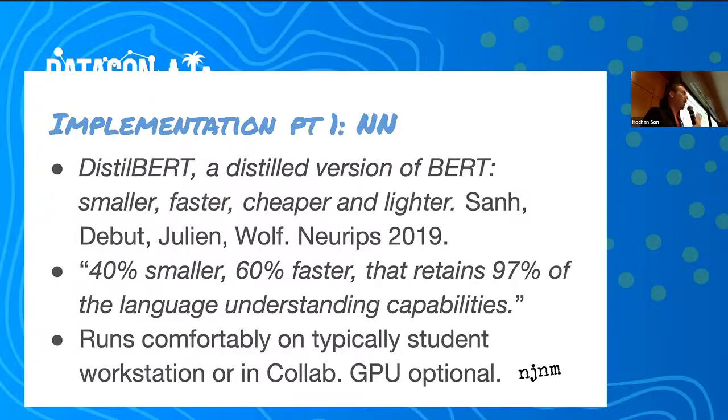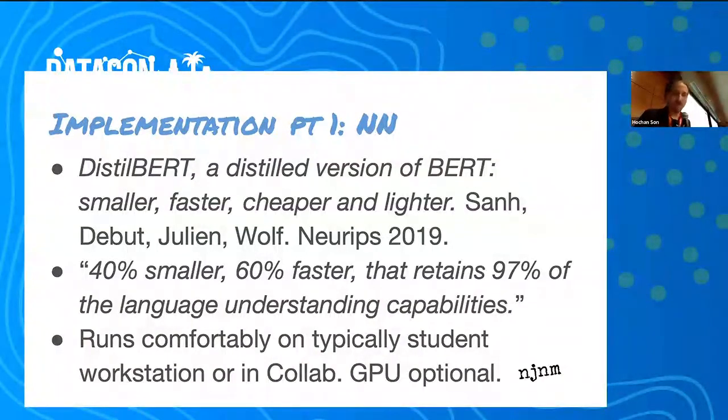So part one, implementation. We know students are going to have to use this, so we can't go too crazy, but what we can use is this thing called DistilBERT, which is BERT, but smaller, faster, cheaper, and lighter. They say it's 40% smaller and 97% as good, which is great. Most importantly, a student could run this thing on a workstation, and it runs fine on Colab in that environment also.